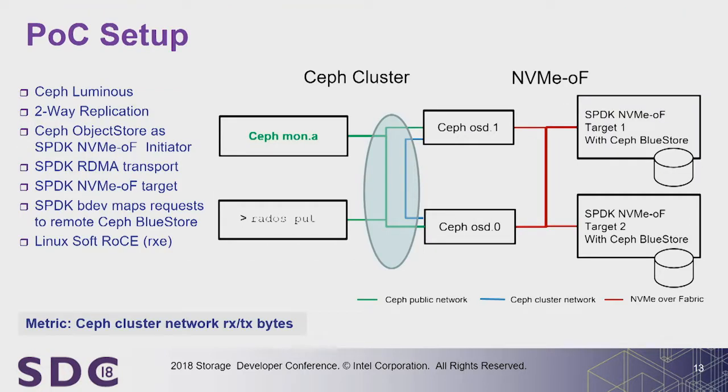Okay, so that was at the design level. Here's what we actually went off and tried. This is a proof of concept, and we started with Ceph Luminous, and the picture here is showing two-way replication. What we modified is in the Ceph object store. Logic was added to essentially do an NVMe-over-Fabric initiator, that functionality in the Ceph object store.